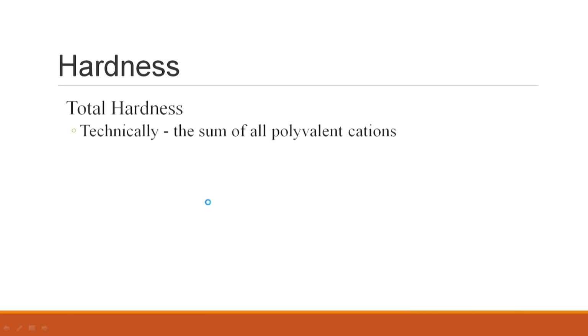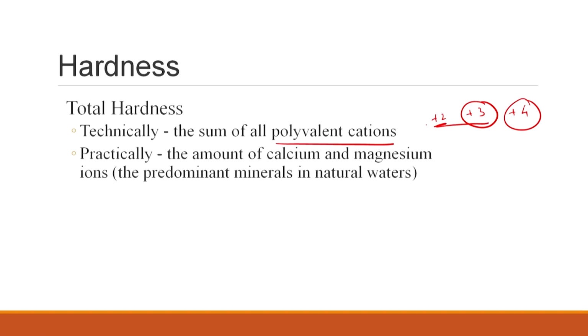Total hardness is the sum of all polyvalent cations, polyvalent, right, not monovalent. So, +2, +3, so on and so forth, but typically in water we do not have +2, +3 and +4 cations, right. We typically have bivalent, I guess. But practically, typically it is only the sum of calcium and magnesium, the predominant minerals in natural waters, right.